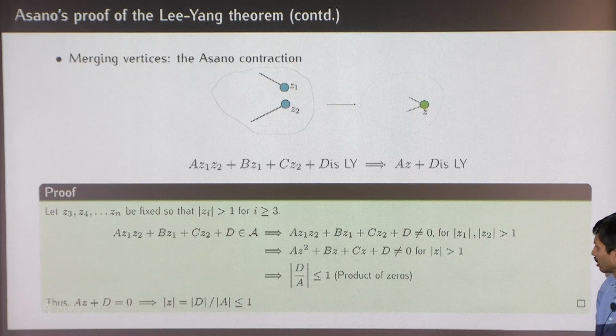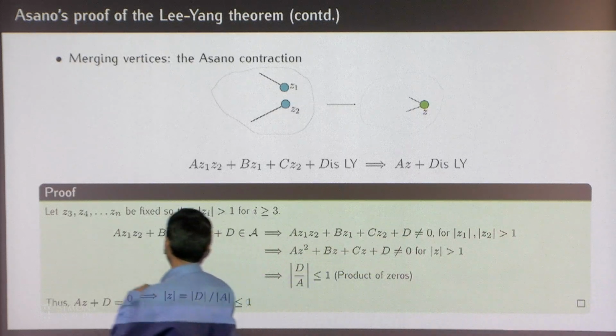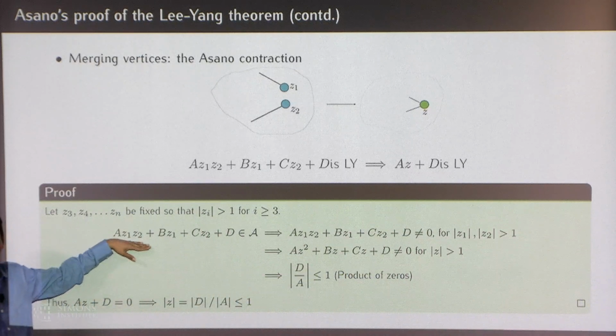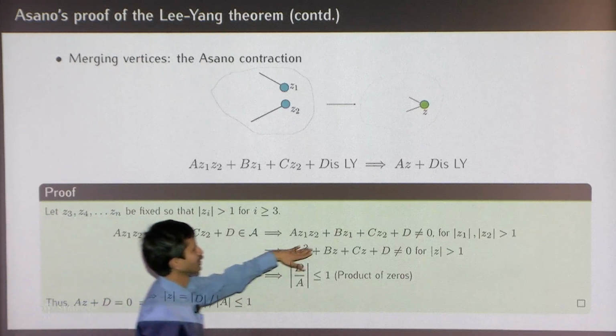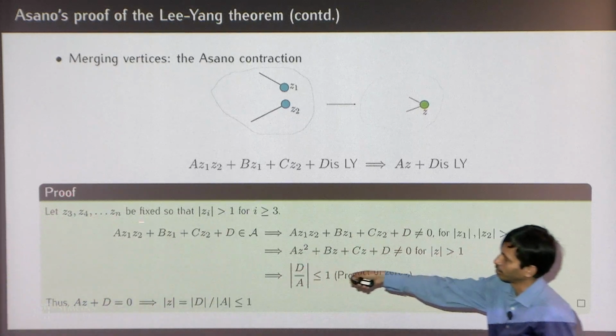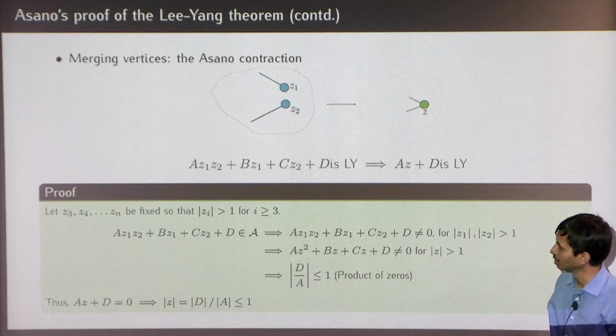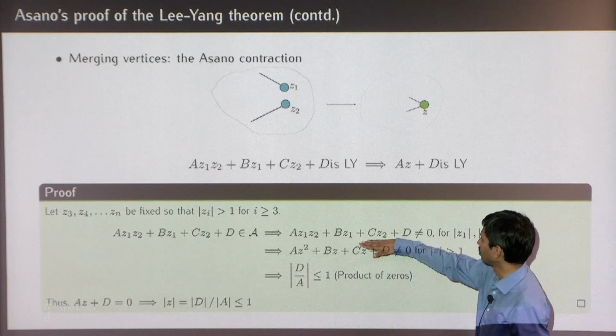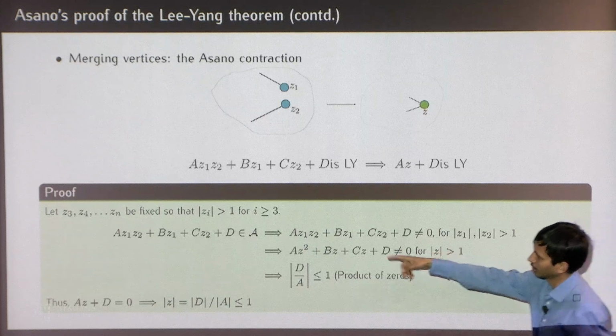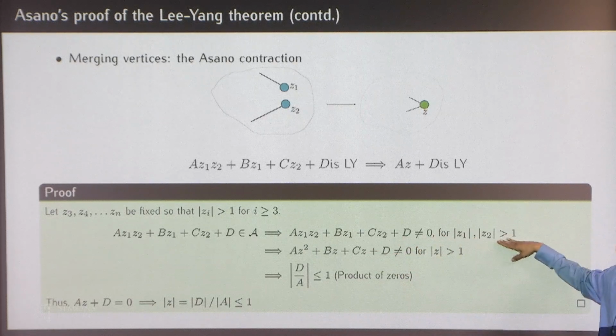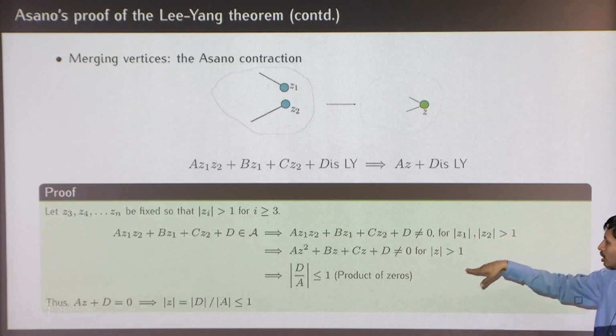And how does one prove this? This is quite nice. If this polynomial has the Lee-Yang property, that means that this is not 0. So let's say that all the other values are fixed to things outside the unit circle. So this is not equal to 0 whenever both of them are outside the unit disk, because it is Lee-Yang.